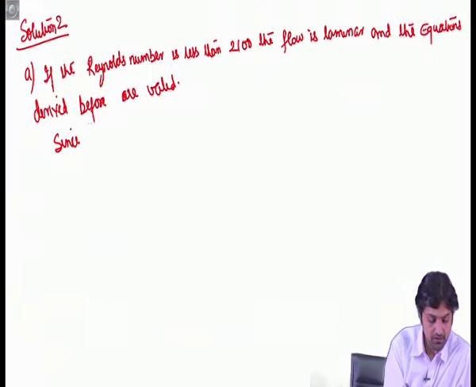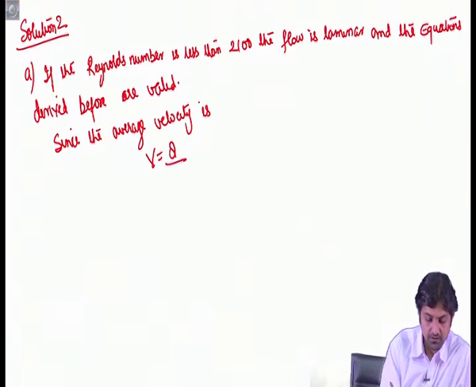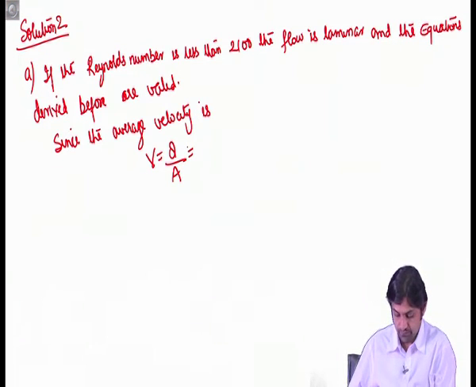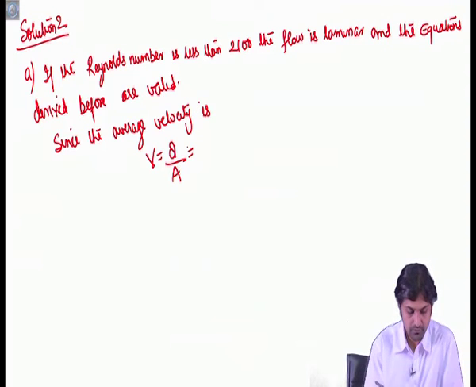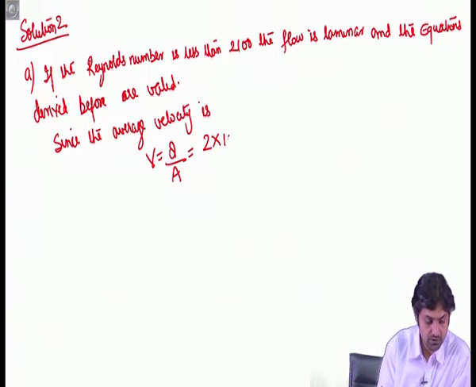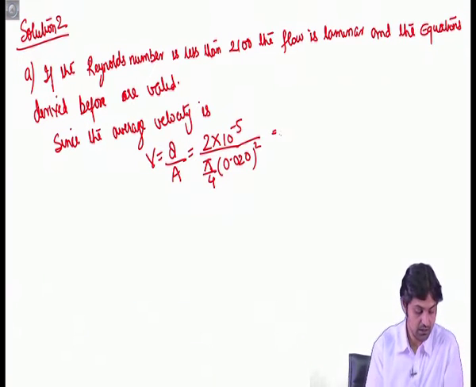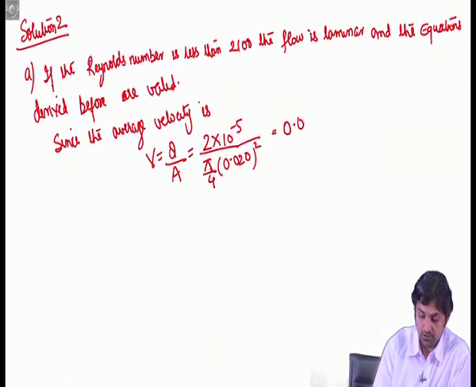Since the average velocity is v equal to Q by A, Q is 2 into 10 to the power minus 5 and area is pi by 4 into 0.02 whole square, and this comes to be 0.0637 meters per second.